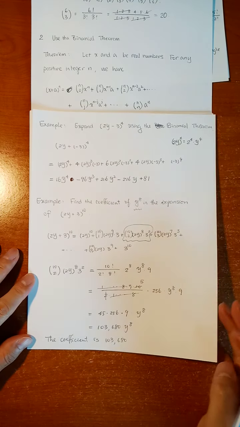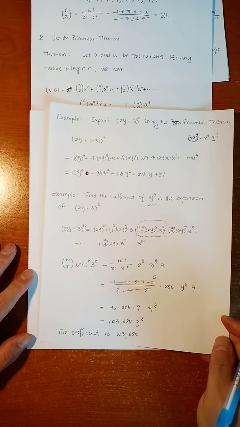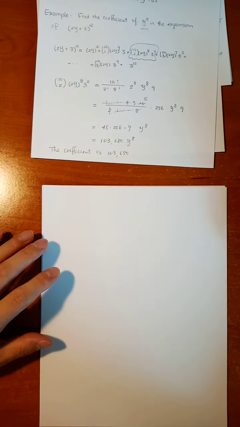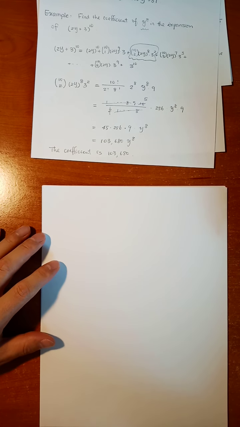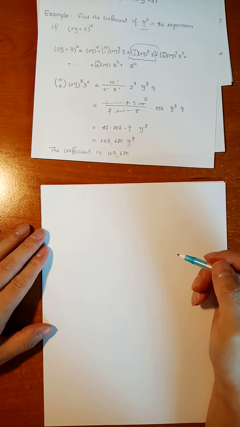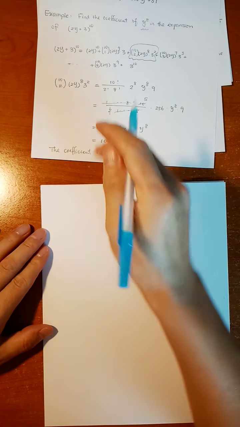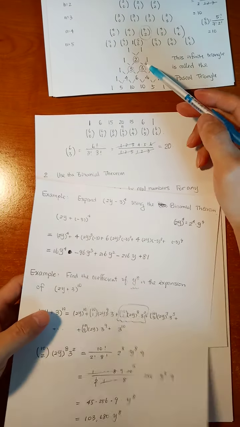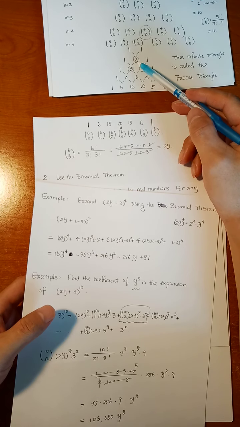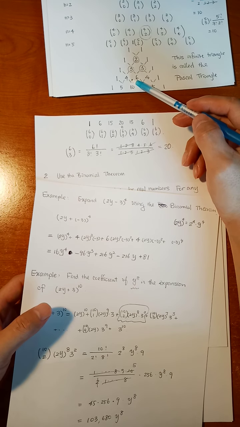Okay. This is the example. Next, let's prove the observation we just found. Remember that we found that whenever you add two adjacent terms, you get a term in the next level.